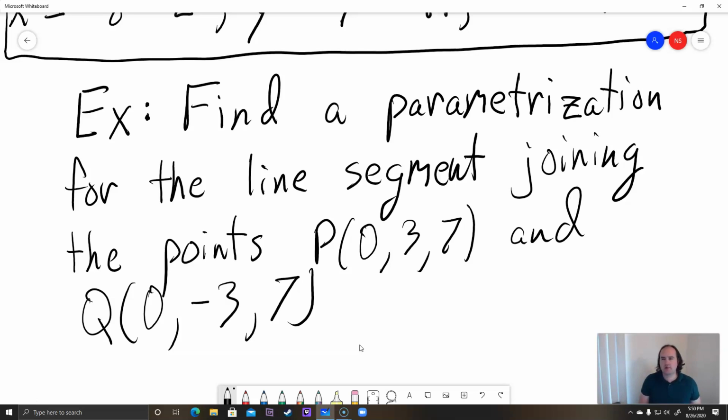So we want a parameterization for a segment, not an entire line, joining the points P (0, 3, 7) and Q (0, -3, 7).